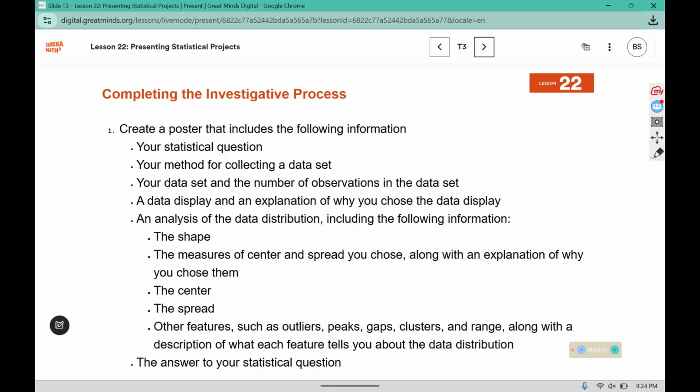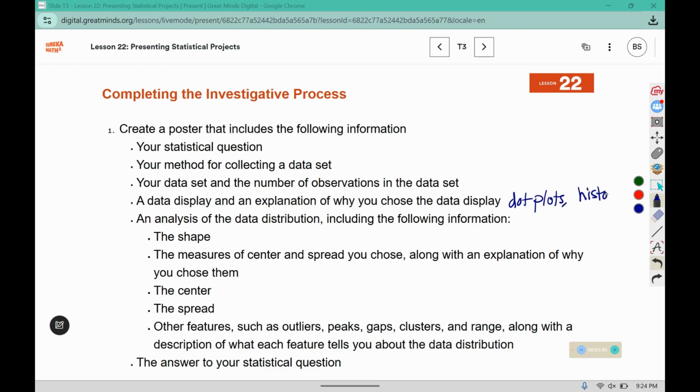You are describing your method for collecting data. Then you need to include your data set and the number of observations in that data set, meaning how many pieces of data did you collect, a display for your data, and an explanation of why you chose that type of data display.